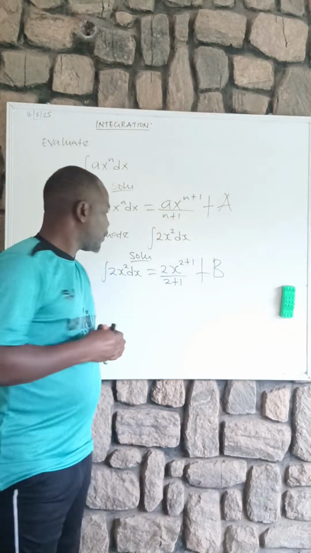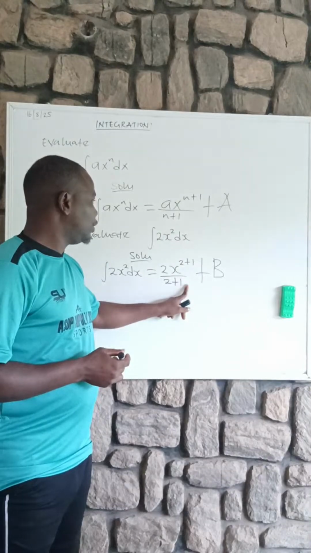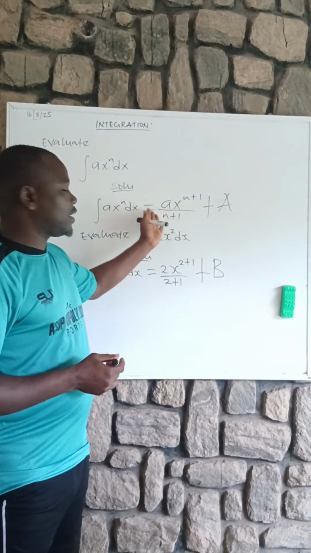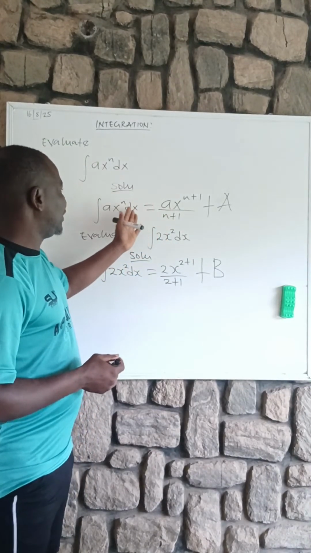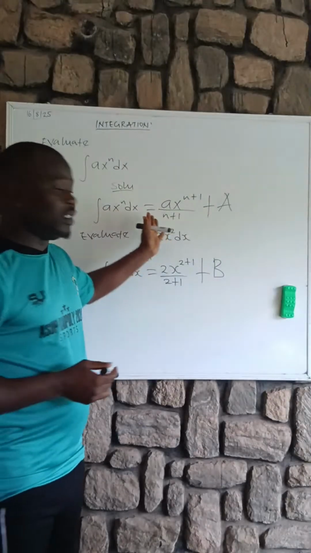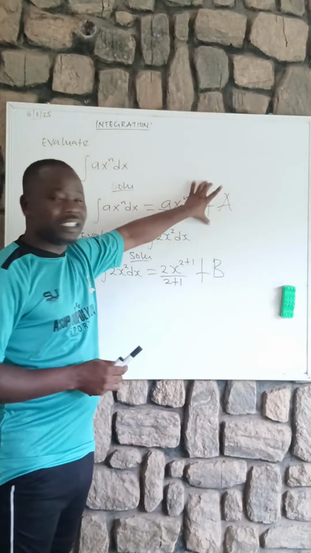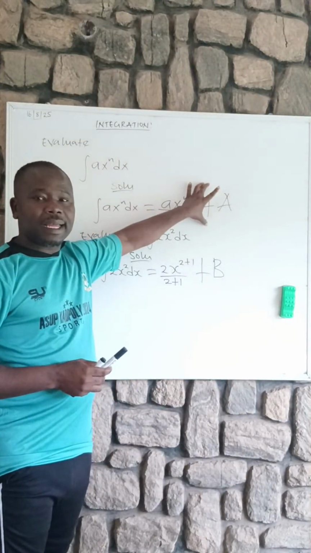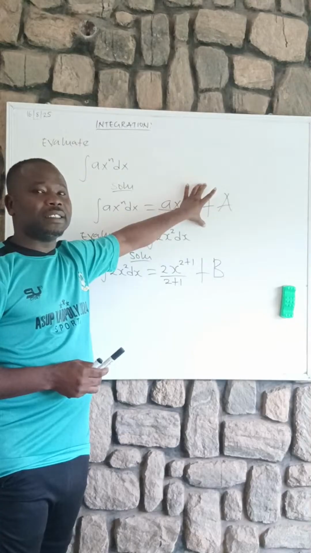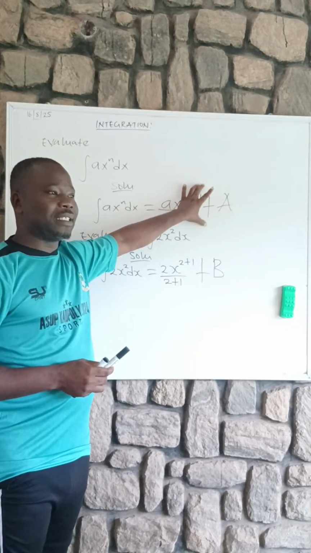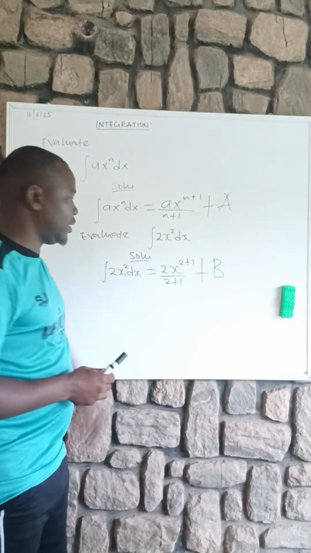Is that clear? So as long as integration is concerned, you must put this formula at the back of your mind, anywhere you are, as long as integration is concerned, calculus is concerned too.